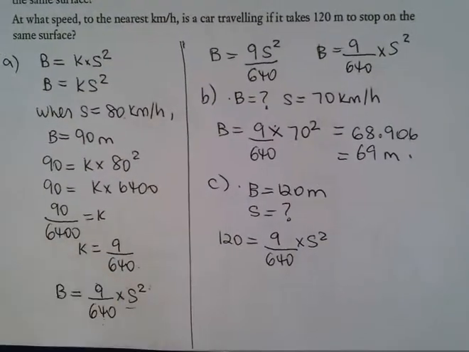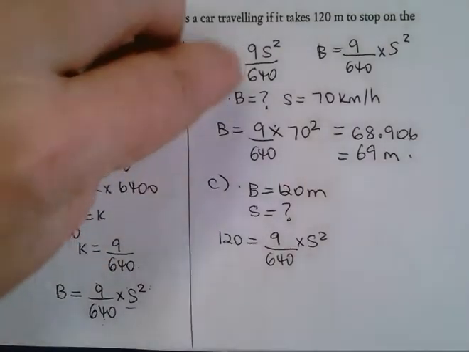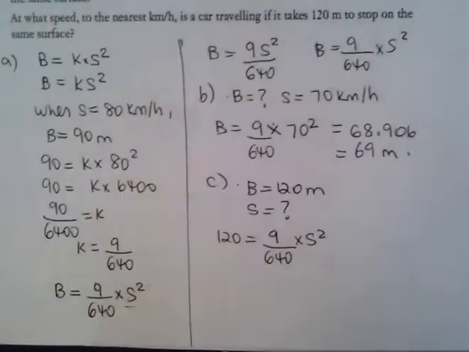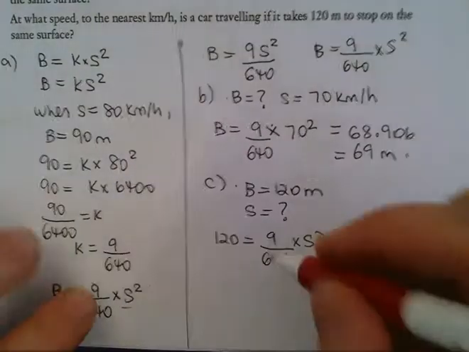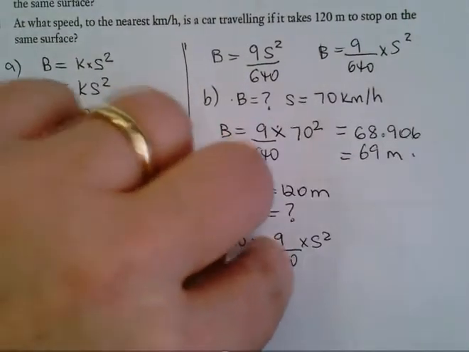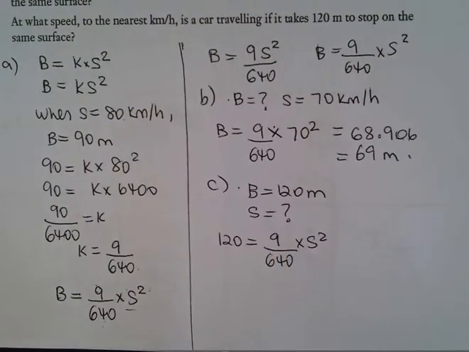Now, this is why I wanted to write the formula like that earlier. There are two ways you can do this, because it's S squared times 9 over 640. If 9 over 640 was a whole number, wouldn't you do 120 divided by whatever that number is? That's your other way to do it.